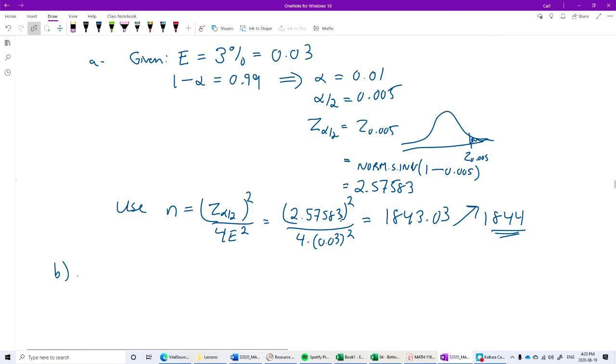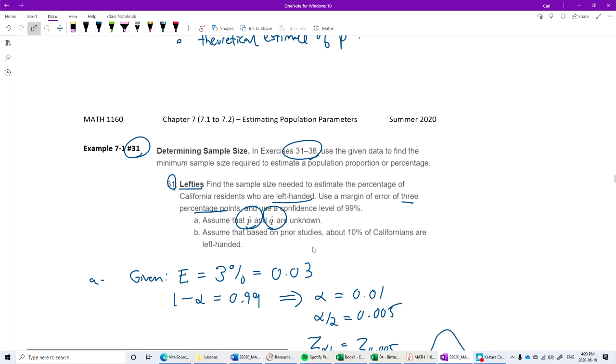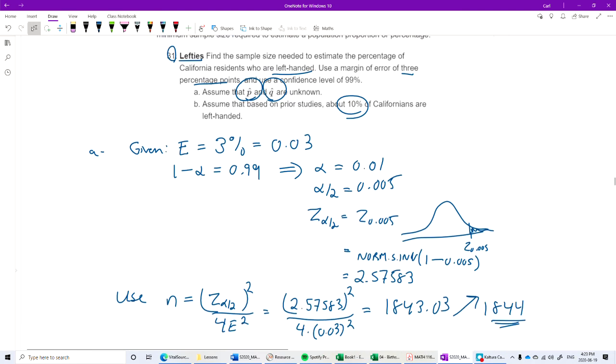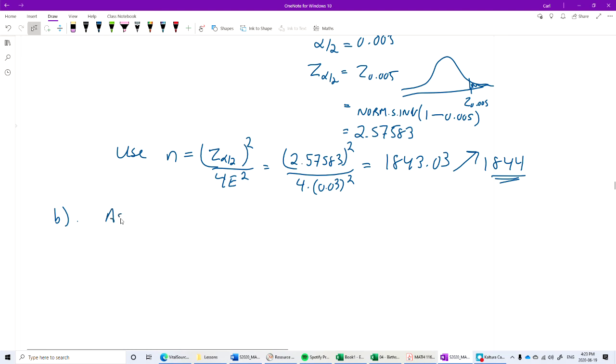Part B, let's say, assume that based on prior studies, 10% of Californians are left-handed. So now we're going to assume that from this earlier study, we know that p hat is 0.1, q hat is therefore 0.9. Then the formula we could use is this one, p hat q hat.